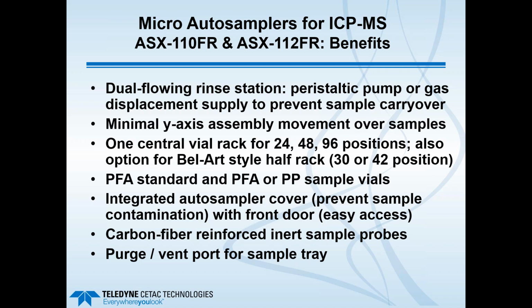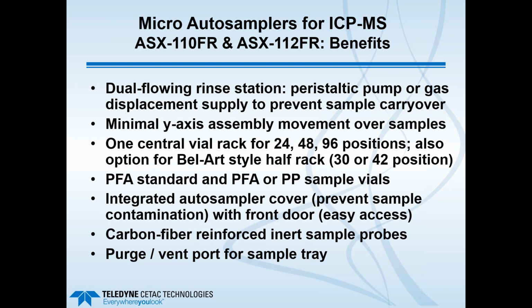These autosamplers will have one central vial rack in 24, 48, and 96 position racks, and these are for the smaller volume liquid samples, generally under 2 mLs in volume. There's also the option for the Bellart style half racks, 30 or 42 position, for medium volume samples that may be, say, 5 to 15 mLs.